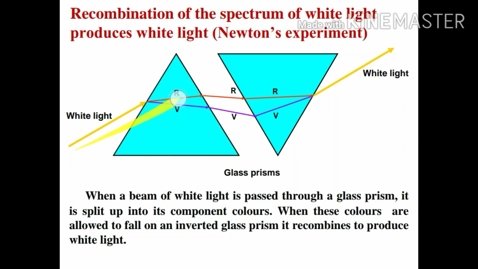As white light passes through this prism, it gets separated into its component colors, and when we place another inverted prism in front of it, it will again recombine these colors and finally we will get white color. Very important question.